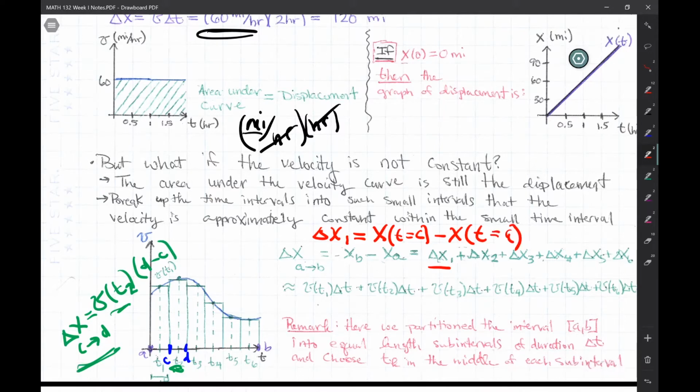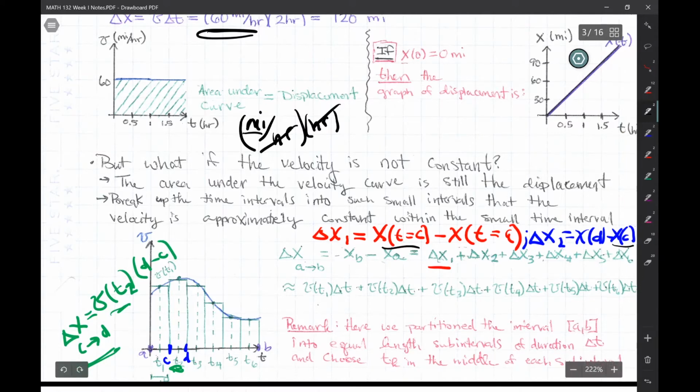And take a look also at delta x2. Well, that's going to be x at t equals d minus x at t equals c. Well, we've seen x at t equals c before, right here.